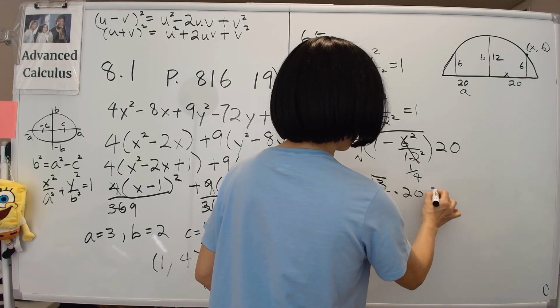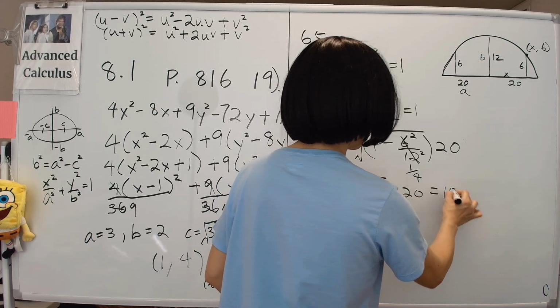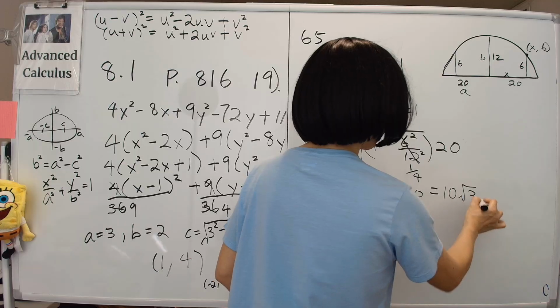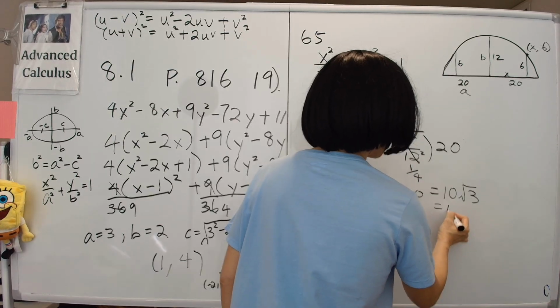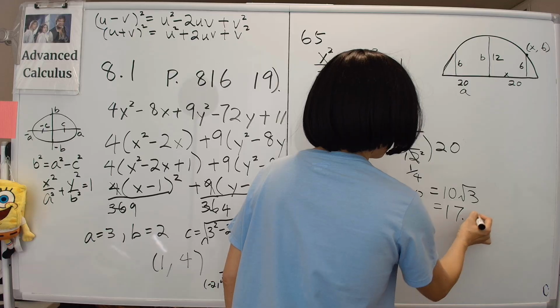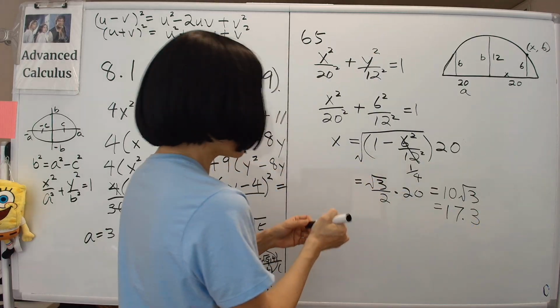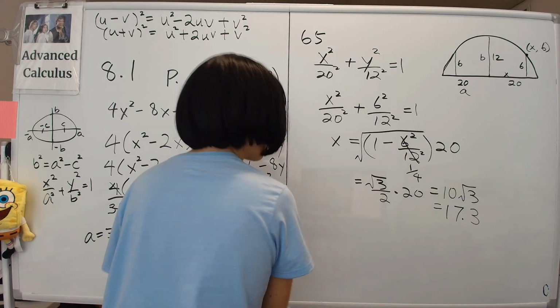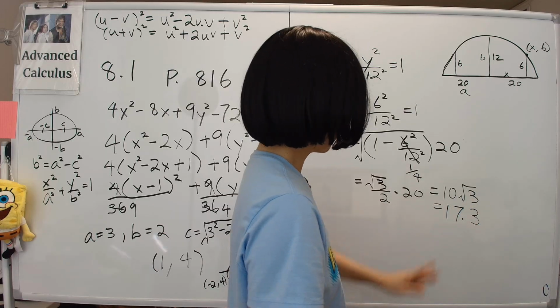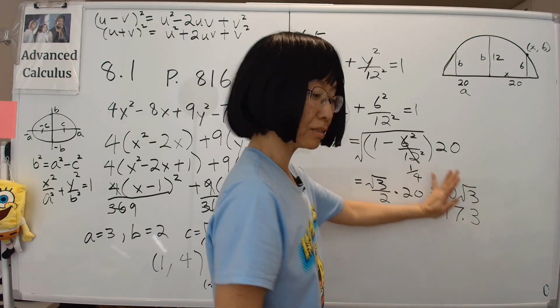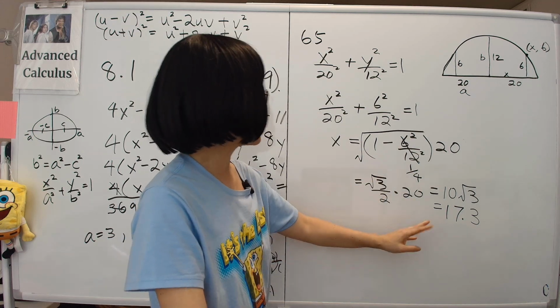That equals 10 times the square root of 3, which should be 17.3 or so, because I remember that the square root of 3 is 1.73, so 10 times that. That should be the answer, but you can just use the calculator to do this.